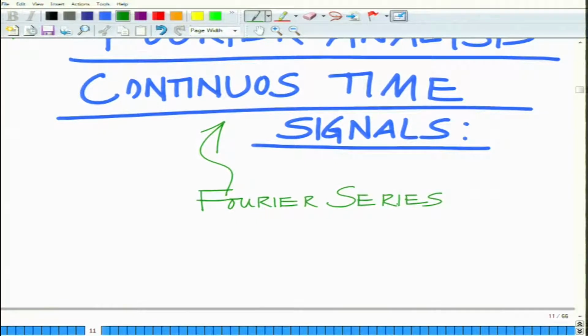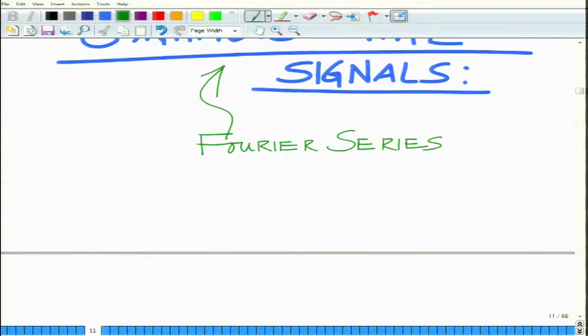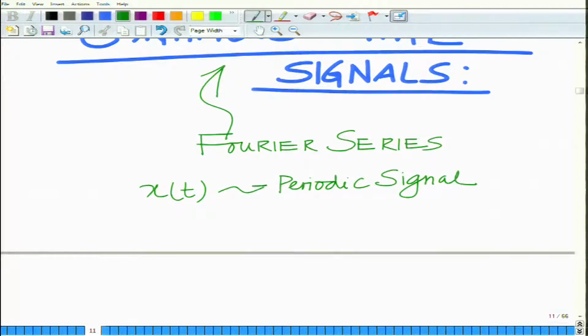And the Fourier series representation is as follows: for any periodic signal, remember the Fourier series is defined for a continuous periodic signal with a fundamental period equal to T naught.